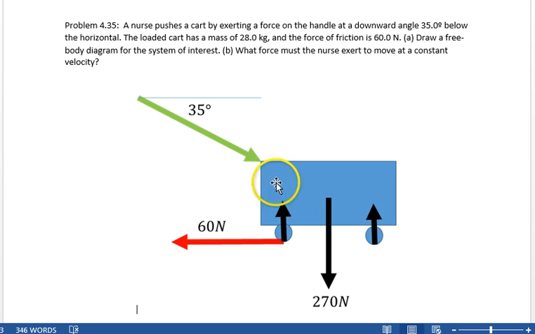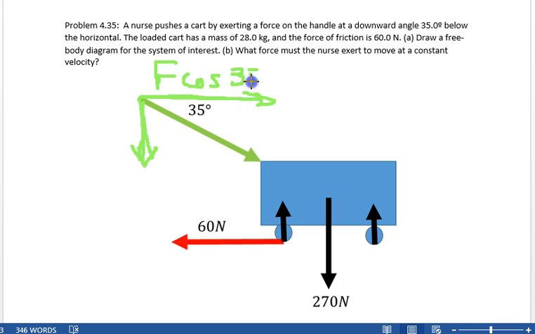And the normal force is more than just the weight, because if we look at the vector force that the nurse is exerting, there's a component that goes horizontal, and there's a component that goes straight down. The horizontal component is going to be whatever her force is times cosine of 35 degrees, right?